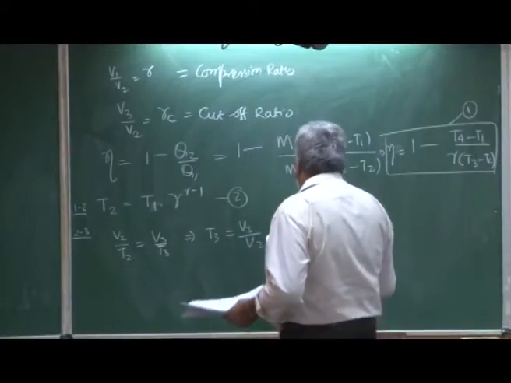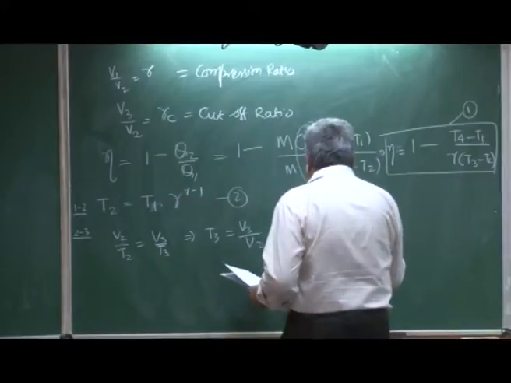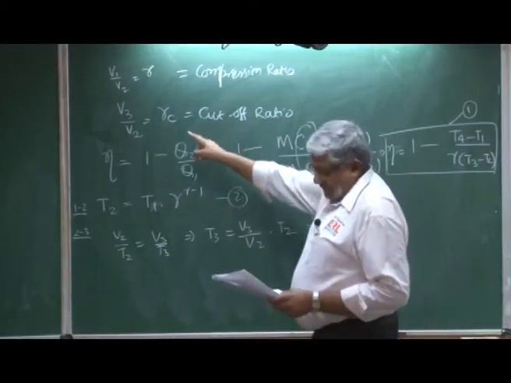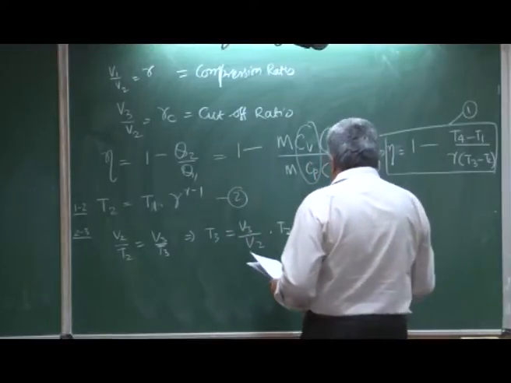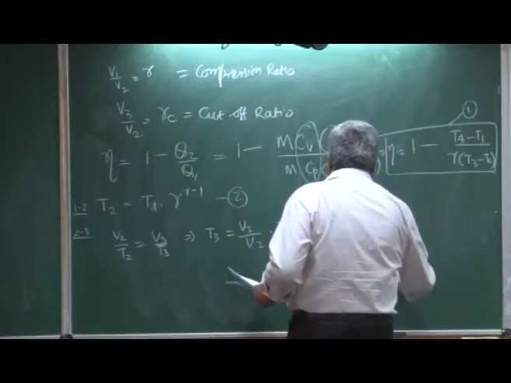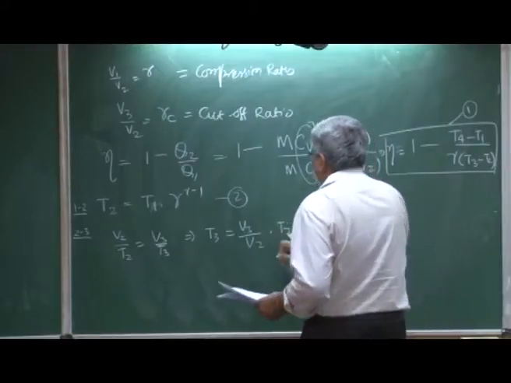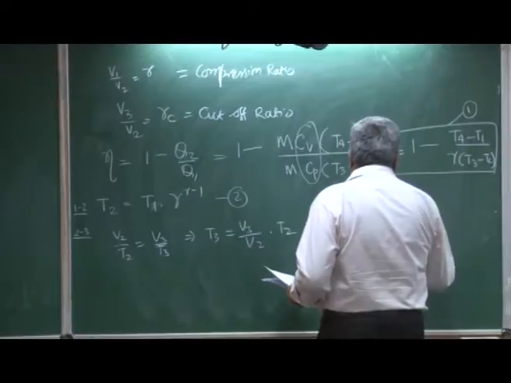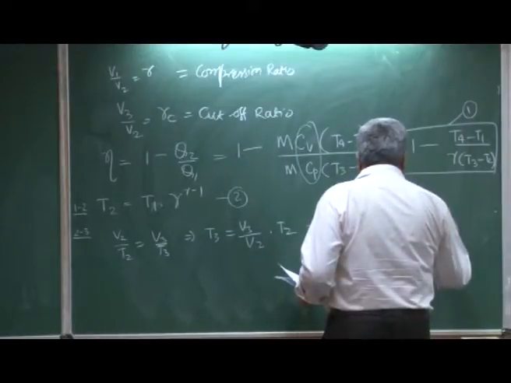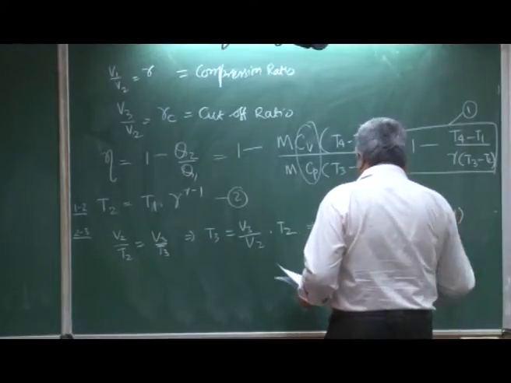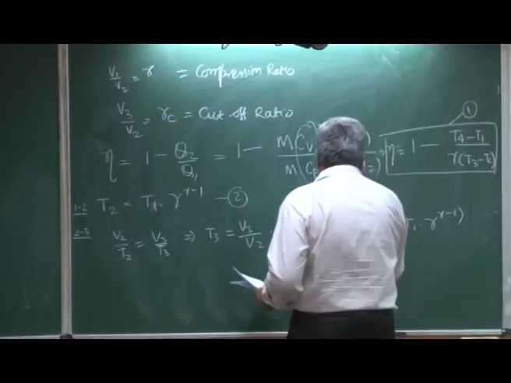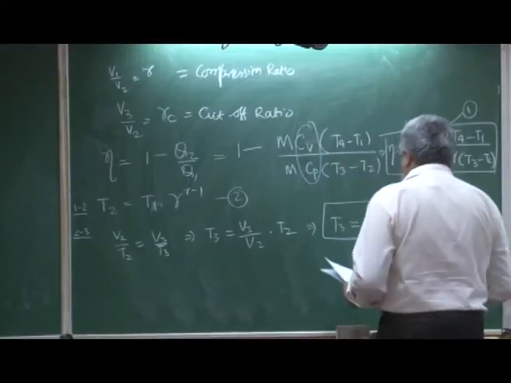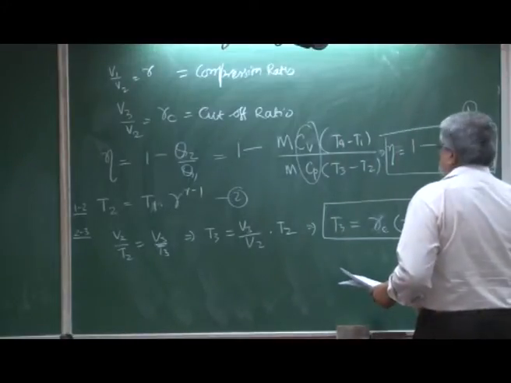What is V3 upon V2? This is the cutoff ratio rc. And T2 I can write from here as T1 into r to the power gamma minus 1. So this is my expression for T3, equation number 3.